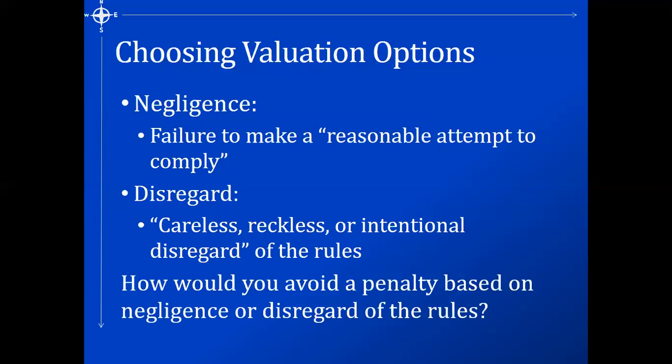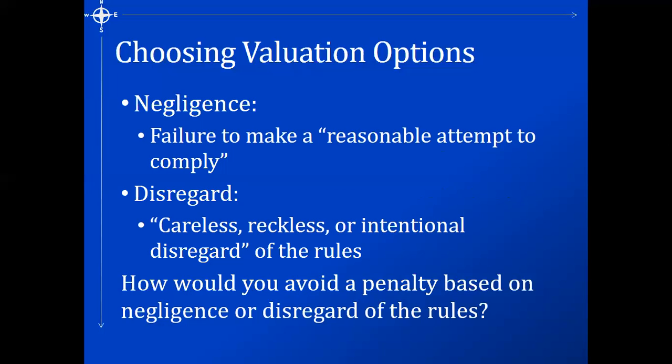So how would you avoid a penalty based on negligence or disregard of the rules? Well, what you would do would be to use a method that you think is reasonable, and that maybe your tax return preparer agrees is a reasonable method, of actually valuing the interests that are being valued. Same thing with avoiding a disregard penalty.